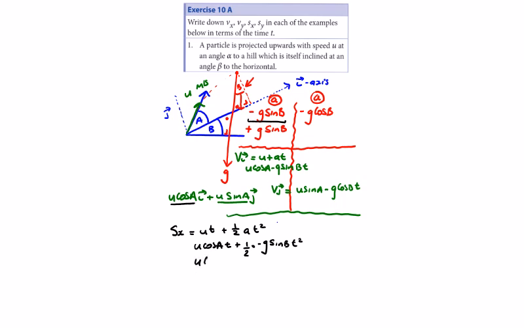And just tidying this up, we get u cos A times t minus g over 2 sin B times t squared. So you should see that we just get the opposite with the y. So displacement in the y is going to be u sin A times t minus g over 2 by the cos of B times t squared.